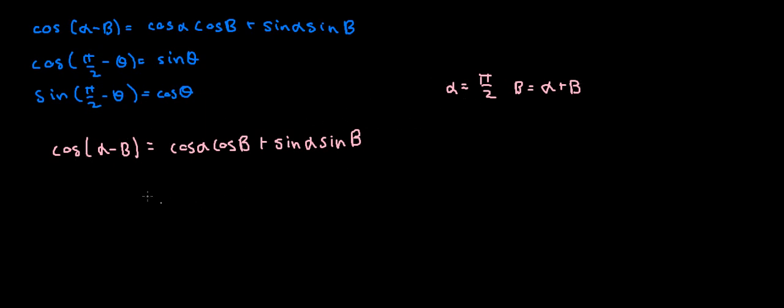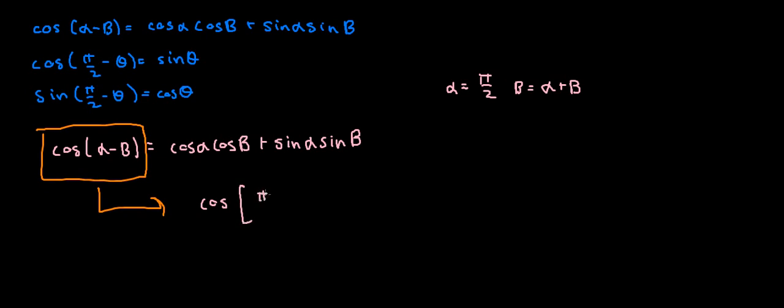And when I do this, the left-hand side is going to change into cosine of pi over 2 minus alpha plus beta.